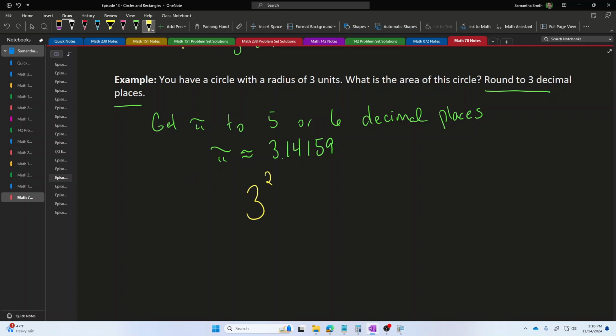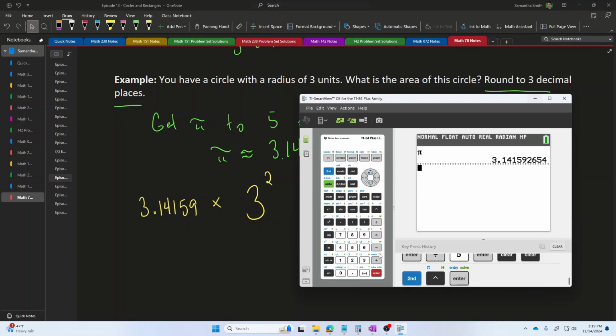And after that's done, I want to multiply the result by 3.14159. And if I do that in a calculator, 3.14159 times 3 squared, the result of that is going to be 28.274.